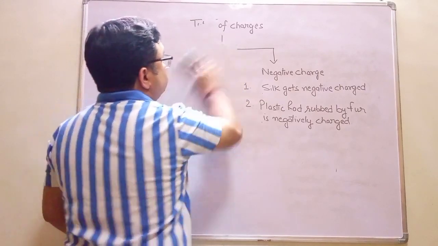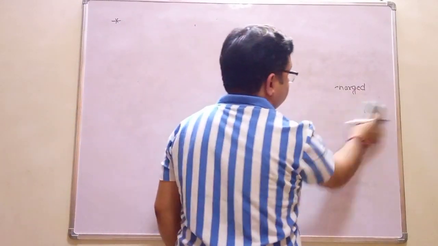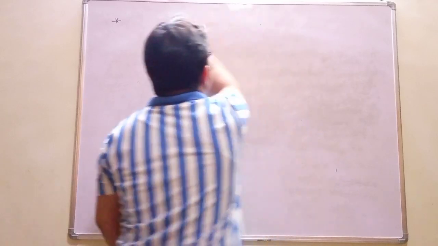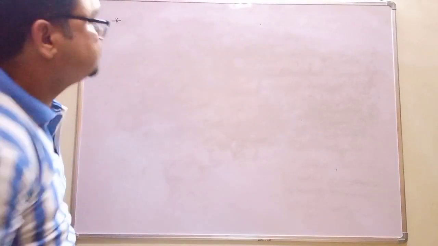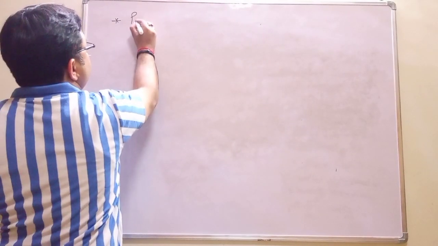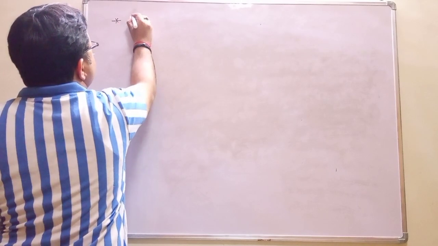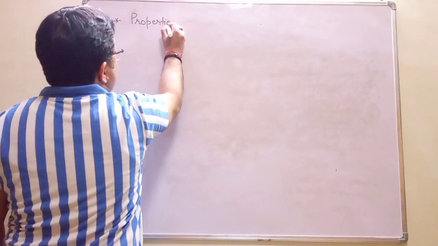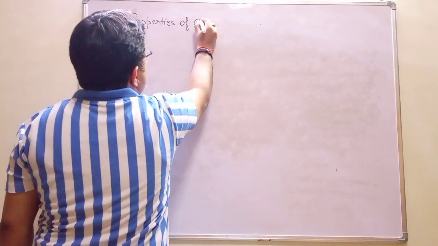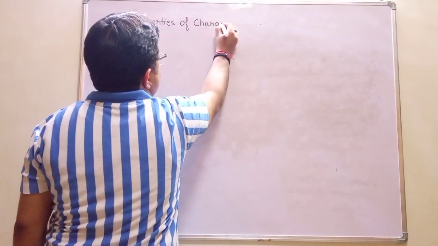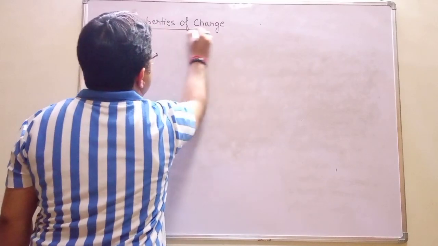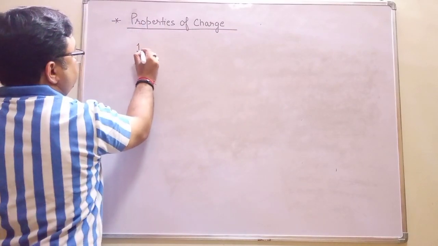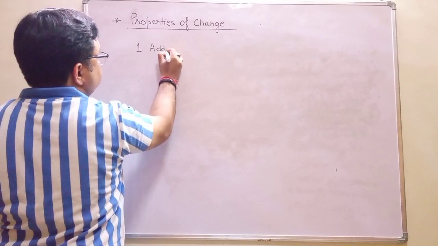Now we will see some properties of charge. There are three properties. First one is additivity of charges.